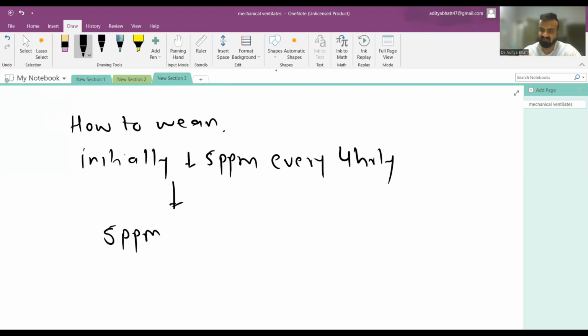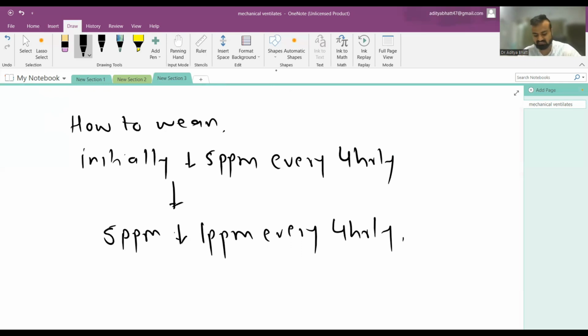The dose then reaches 5 ppm. From 5 ppm, you decrease by 1 ppm every 4 hours until the dose is 0. This is very, very important. This is how you wean the patient, and this is how nitric oxide is given.